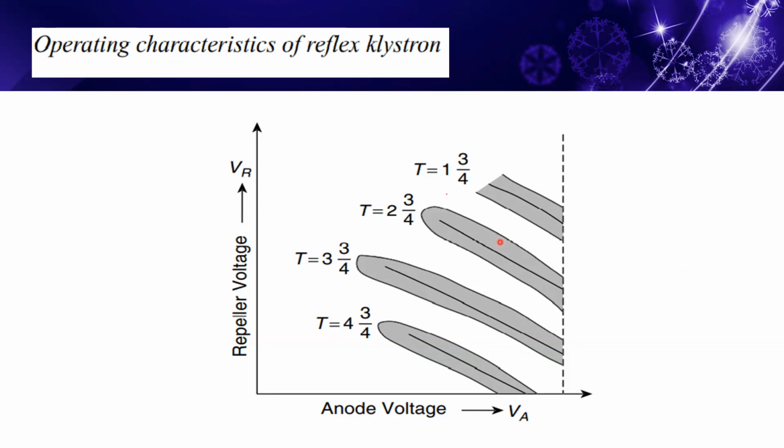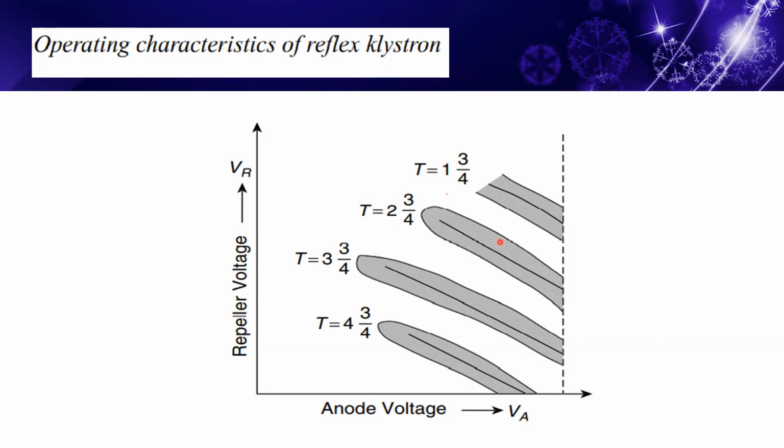Here we have the curve of repeller voltage versus anode voltage. The observation points for n equal to 1, 2, 3, 4 are drawn here. These are called the different modes of the reflex klystron oscillator.